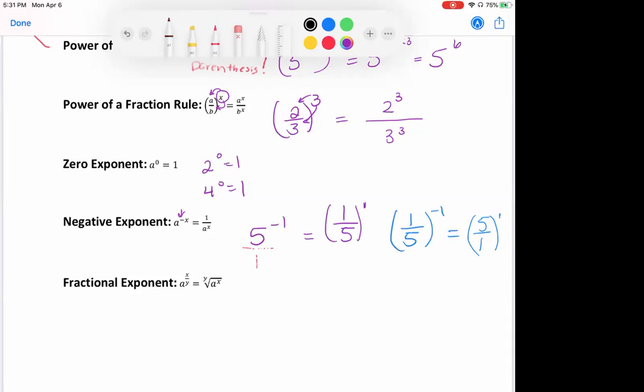Next one, fractional exponent. And we've seen this one before: any exponent that's a fraction is really a radical.